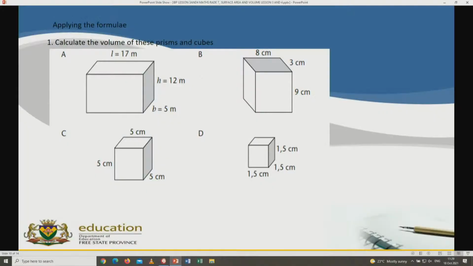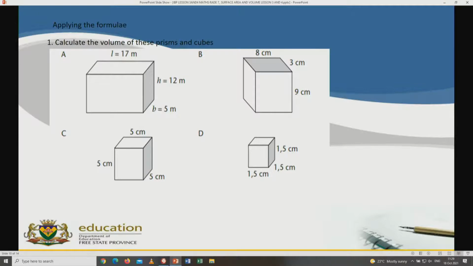Then now the next one, as I said, it is now on decimals. I know to many of us, decimals is not our cup of tea, but now it is not that difficult. It is a cube with the dimensions of 1,5.